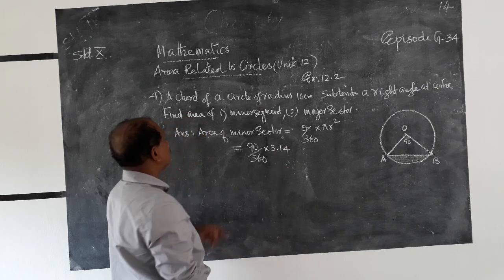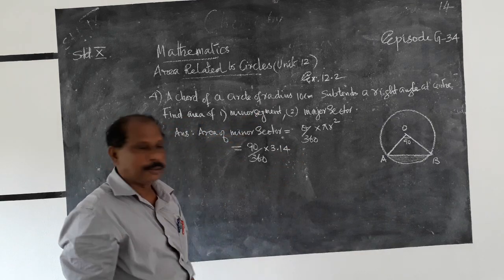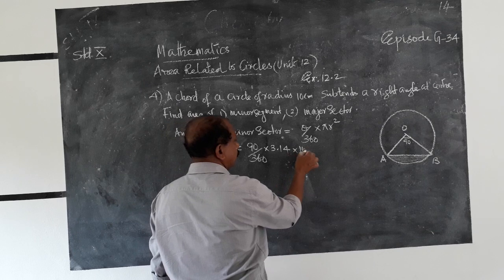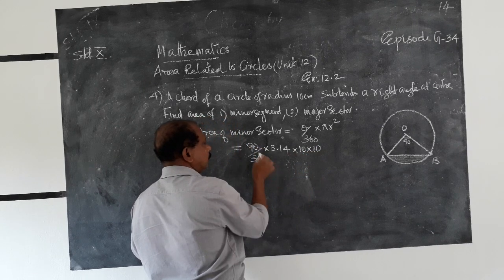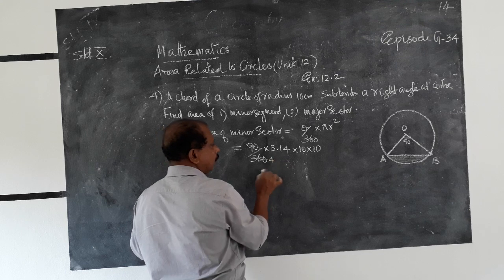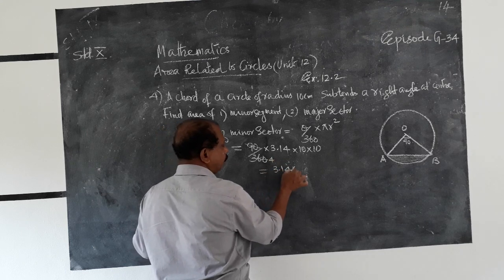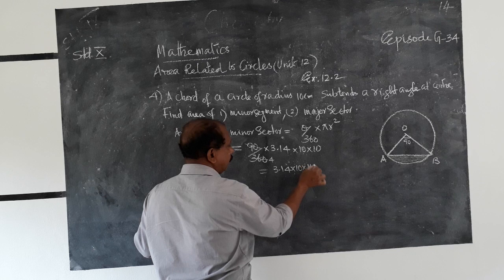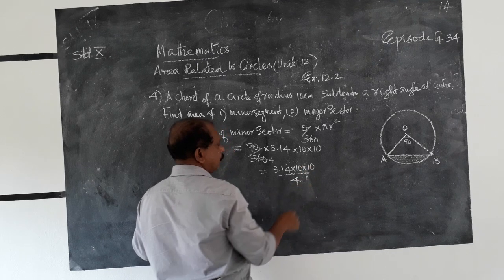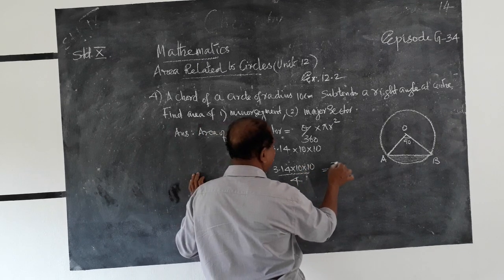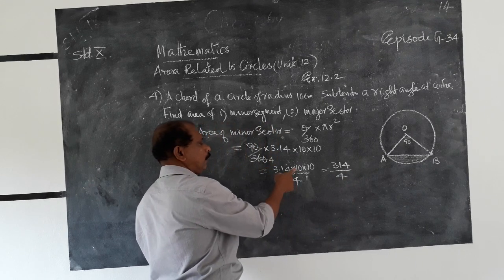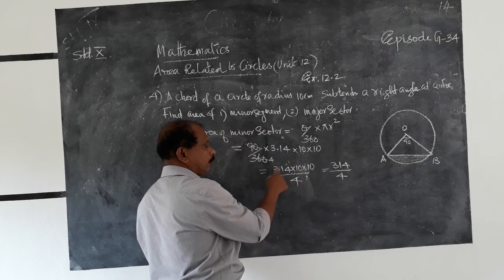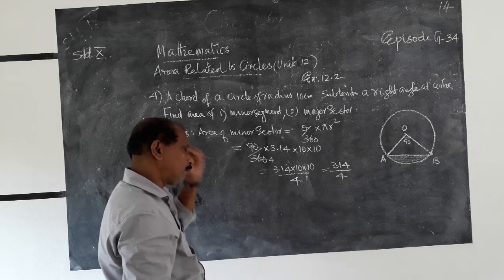3.14, because the radius is 10 centimeter, into 10 into 10. Then 90 and 360, 4 times. That is 3.14 into 10 into 10 divided by 4. That is equal to 314 by 4, because 10 into 10 has 2 zeros, therefore shifting to the right we get 314.